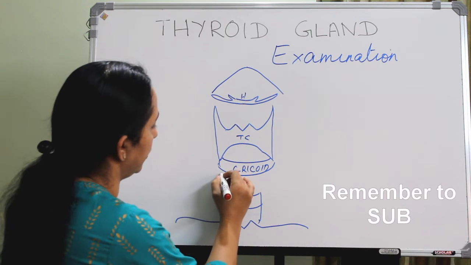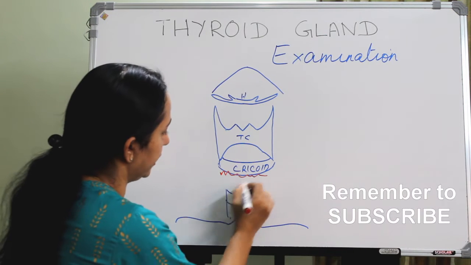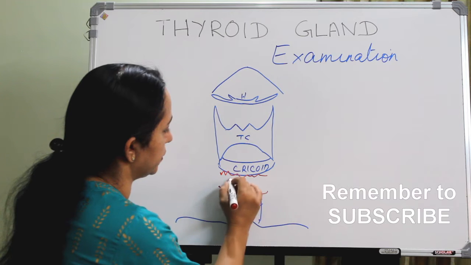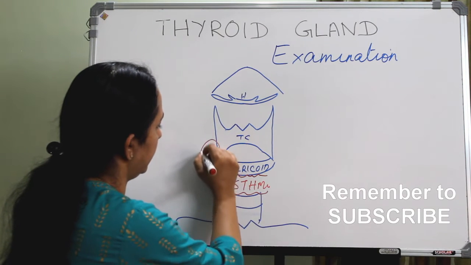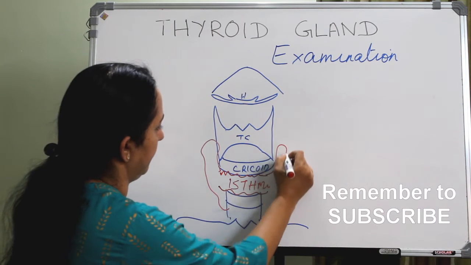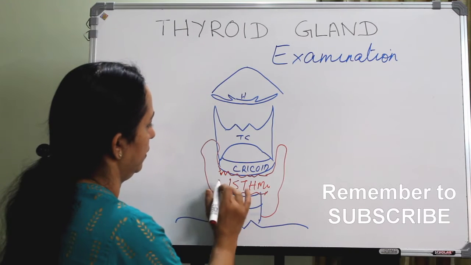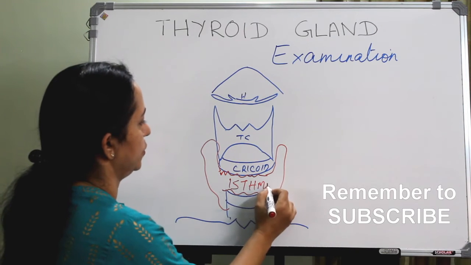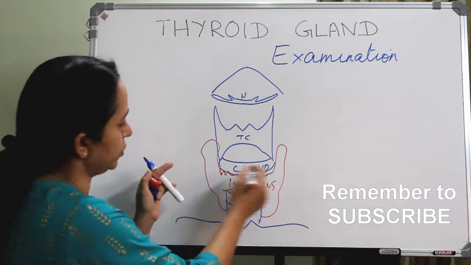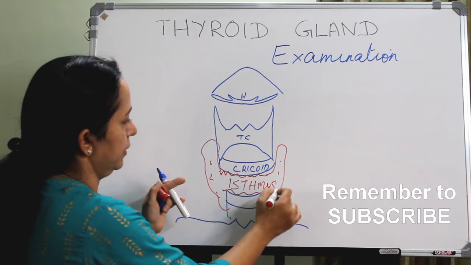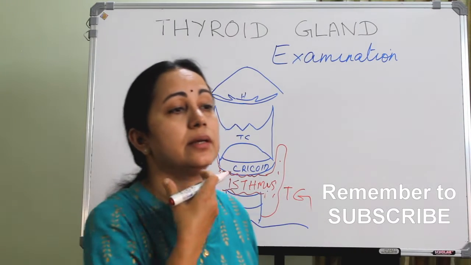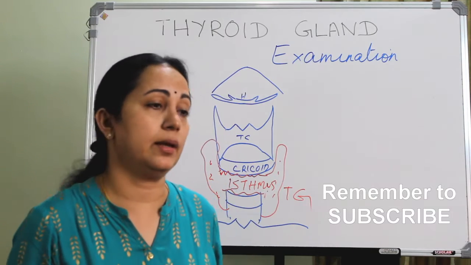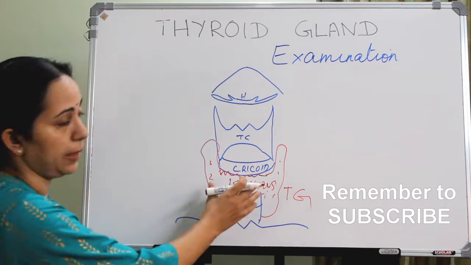In between the thyroid and the cricoid and the tracheal ring, you have the isthmus of the thyroid gland, and the gland is here. So here comes the isthmus, and on both sides there is thyroid gland. If there is any swelling or abnormal enlargement of the thyroid gland, you can palpate it.